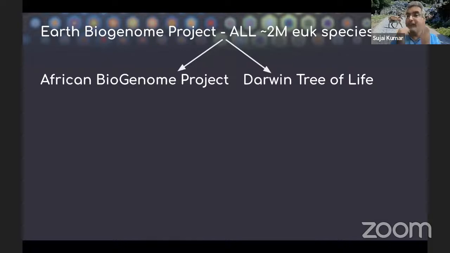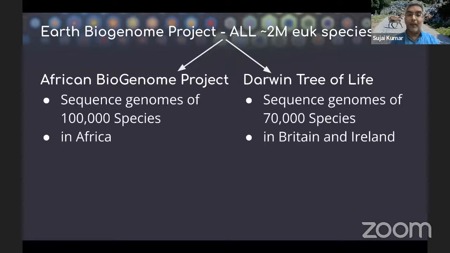So, what is the Darwin Tree of Life? Well, it's a project just like the African BioGenome Project. And both are part of this global initiative called the Earth BioGenome Project, where we're trying to sequence all 2 million eukaryotic species. It's a huge effort, lots of people around the world. So African BioGenome Project is trying to sequence 100,000 species in Africa, whereas we in the UK are trying to do this Darwin Tree of Life project, where we are trying to sequence the genomes of 70,000 species in Britain and Ireland.